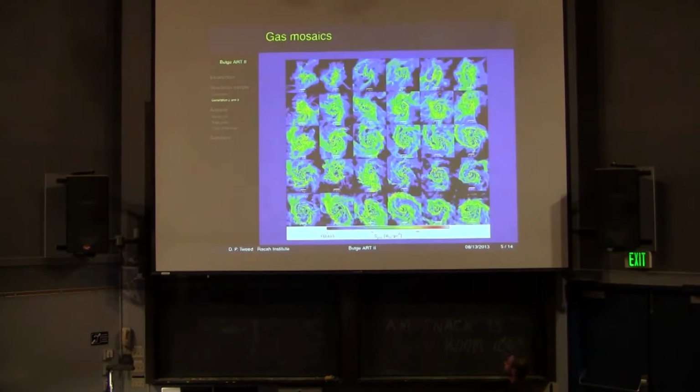I can show you some mosaic. This is one of the generation 2 simulations, the one that Chris Moody showed you earlier. This is the gas, and you see the galaxy evolving from redshift 4 to redshift 2 to redshift 1.